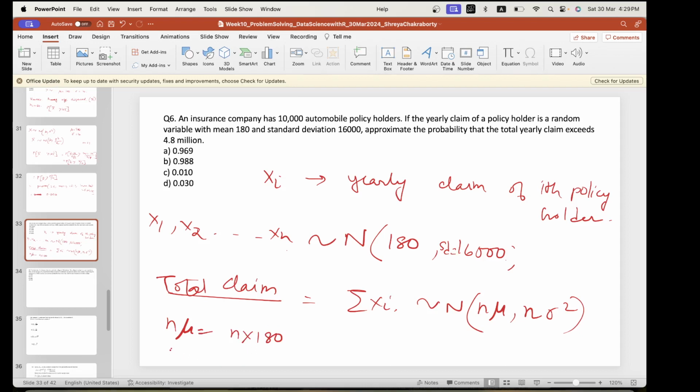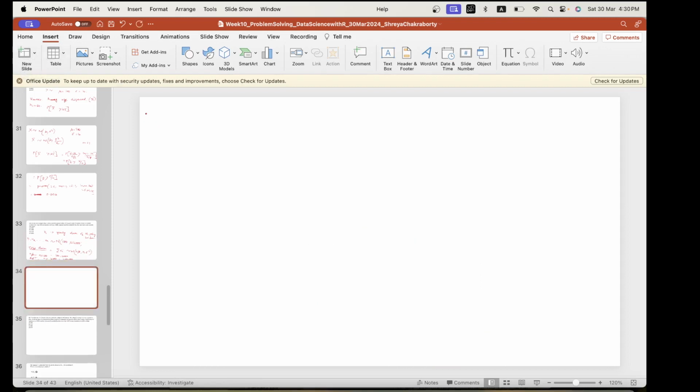And n sigma square is n into 16,000. So now the question is, what is the probability that the total yearly claim exceeds 4.8 million?